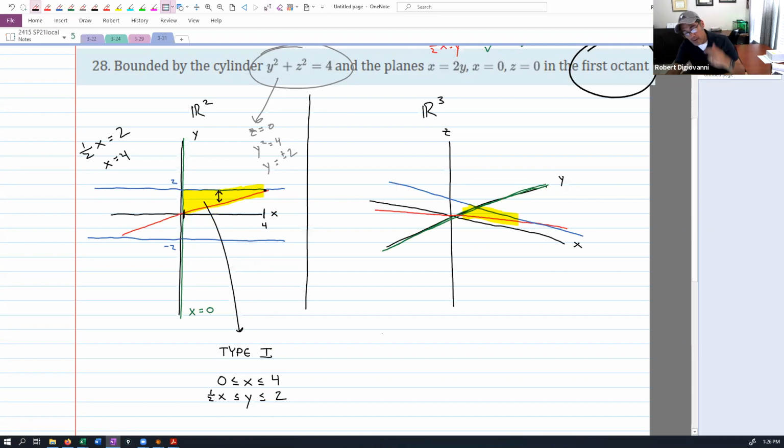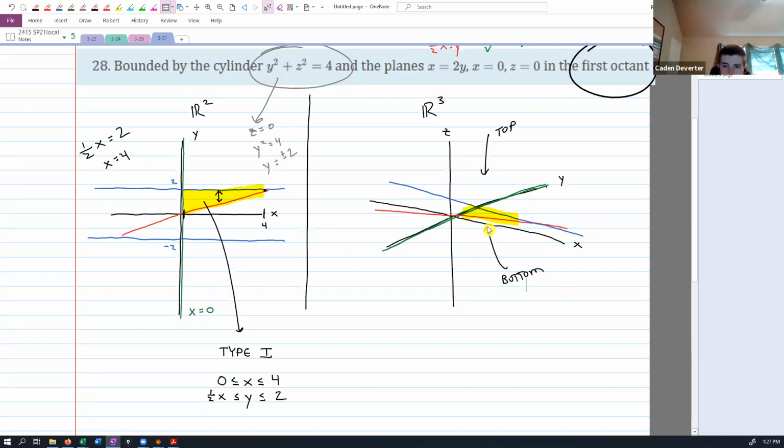So now let's talk about the surface. It's going to be hard to draw this, but can you tell me what the top of it's going to be, and then what the bottom of it's going to be? Start with the bottom. What's the bottom restriction on our solid going to be? The XY plane, which is Z equals 0, right?